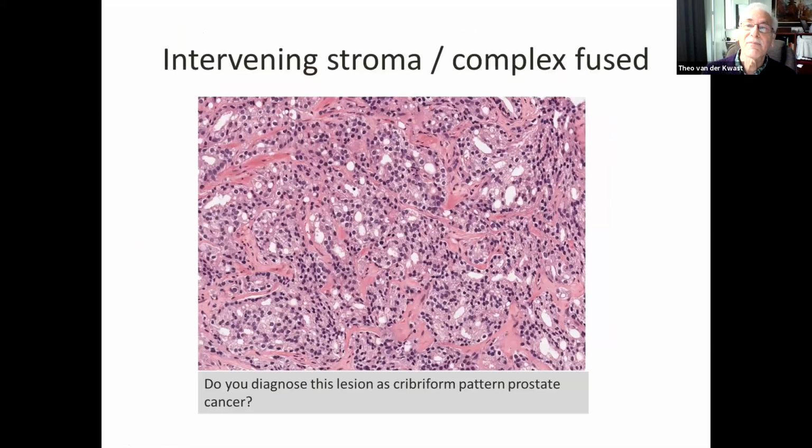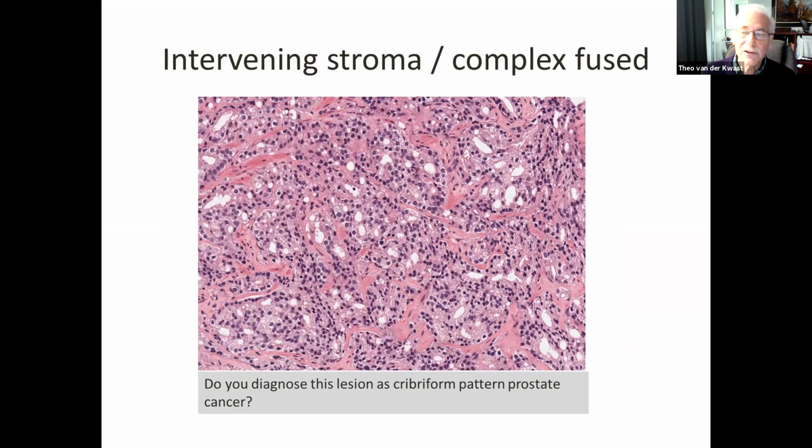Here another example, an example of intervening stroma, complex fused, a kind of borderline. Do you diagnose this lesion as cribriform pattern prostate cancer? Most cribriform patterns have a nice regular surrounded regular contour, but here it is a bit irregular, so it might be a little bit more difficult.